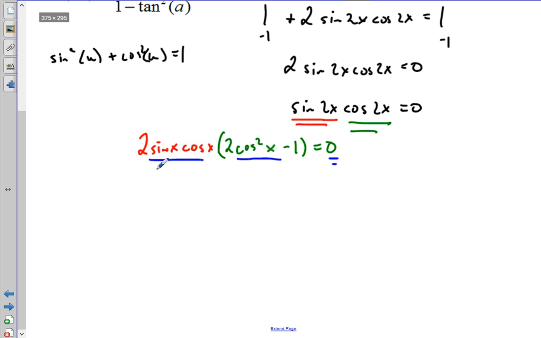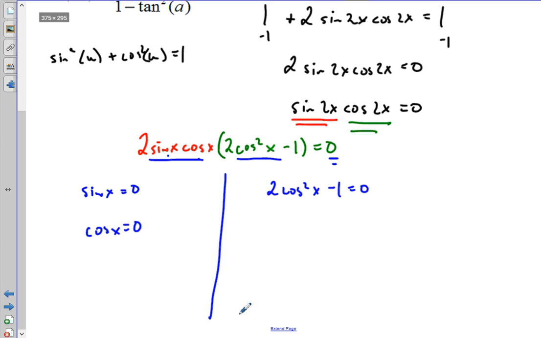So now we can take each one of these multiples and say sine of x equals 0, cosine of x equals 0, and we can also have 2 cosine squared of x minus 1 equaling 0, and solve and find all these values for x on the interval from 0 to 2 pi.